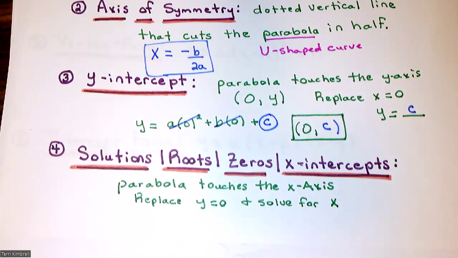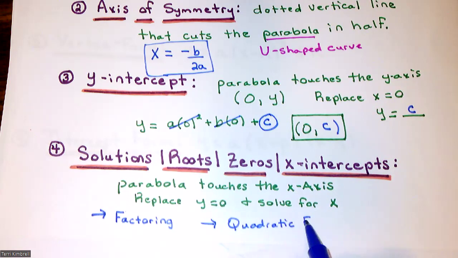So you remember when we were solving for x, we were using some different methods. One of the methods that we used when we set it equal to 0 was factoring. That helped us find our x-intercepts. Another method that we used was the quadratic formula. We set that equal to 0 to help us find our x-intercepts.